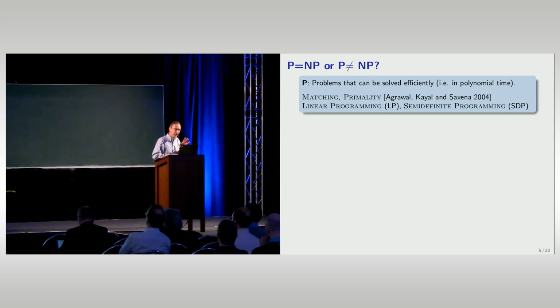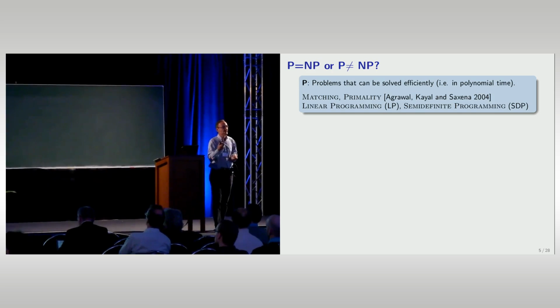So let me briefly discuss the P versus NP question. I don't want to get really into it, but P is the class of problems that can be solved efficiently. Matching is one example. The discrete version of the optimal transport problem of this morning is another one. Primality testing, given an integer, is it prime?